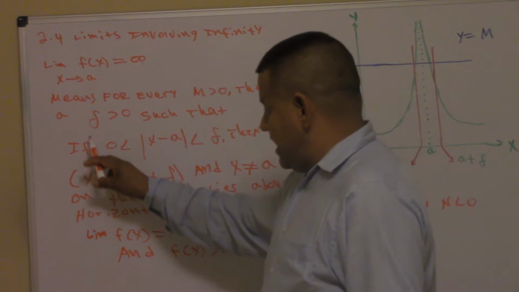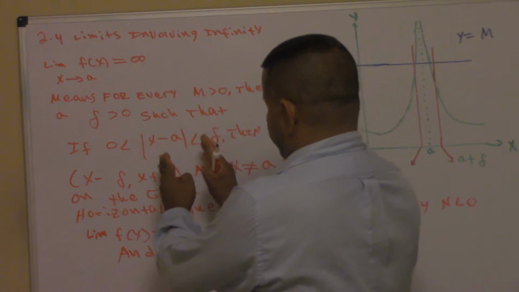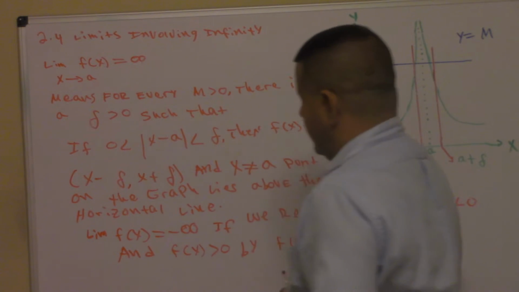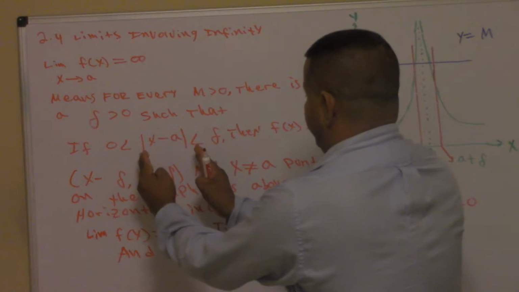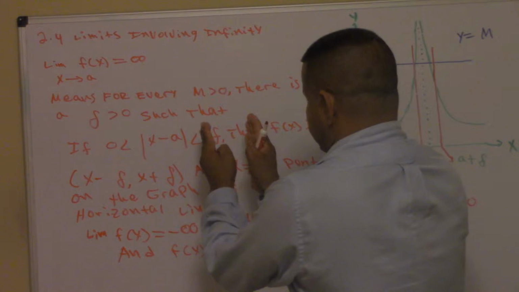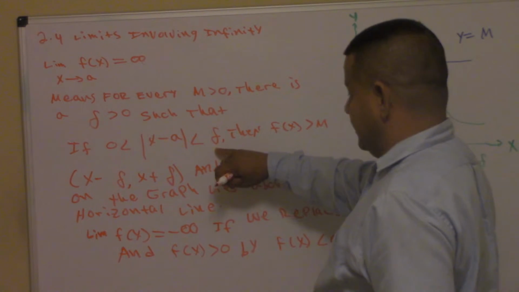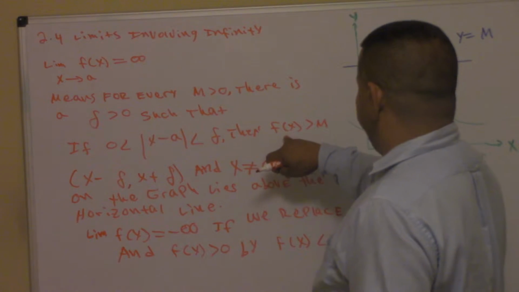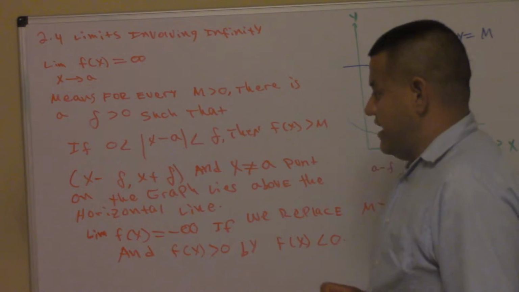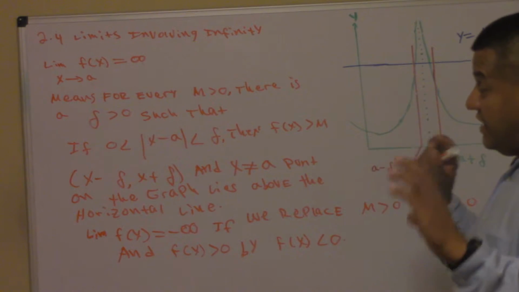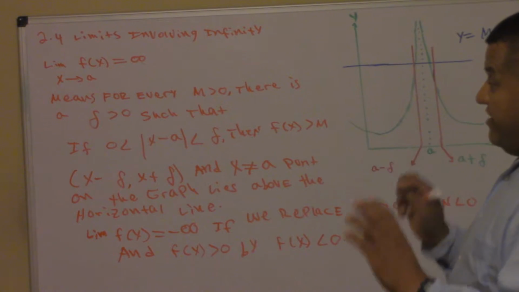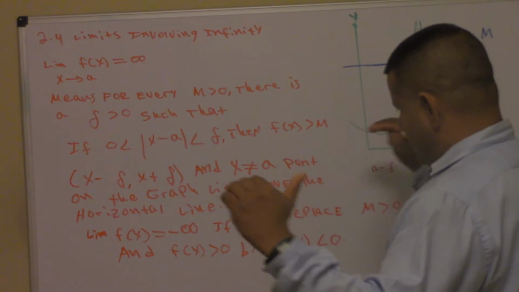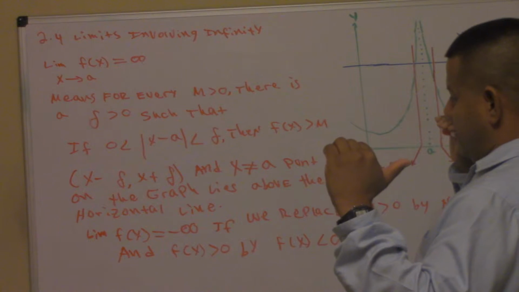Such that if the absolute value of x minus a is greater than 0, and the same absolute value is less than delta, then f of x is greater than M. That means that we have an interval approaching from both sides.